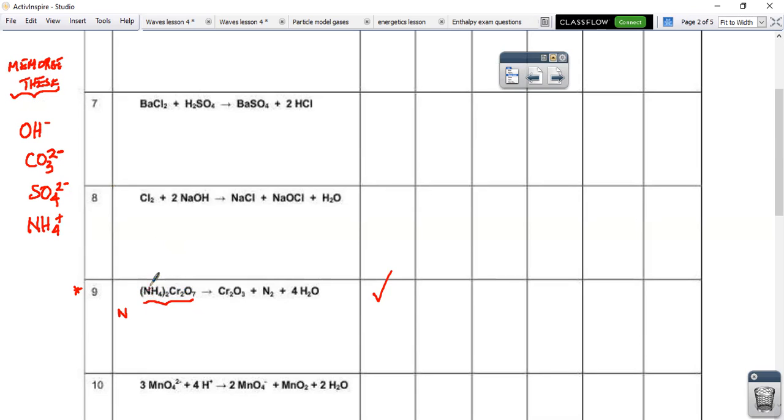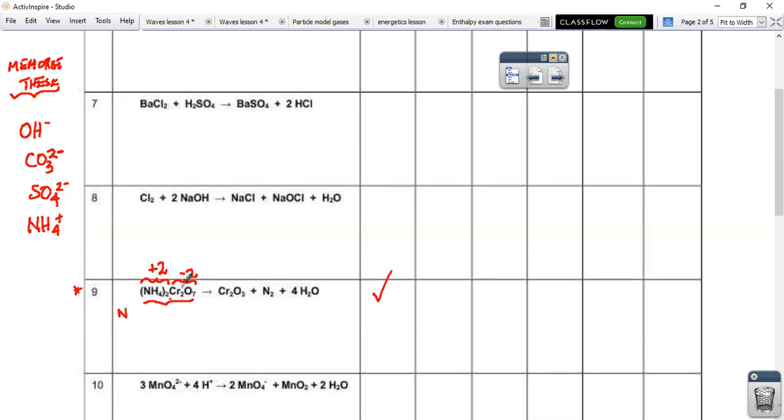So you can see that because you've got 2 ammonium ions, what will be the total charge contributed from this? +1. Not quite, there's 2 of them. Oh, +2. +2, well done. So what will be the charge on the chromate ion? This is the chromate ion. -2. So all of this must equal -2.